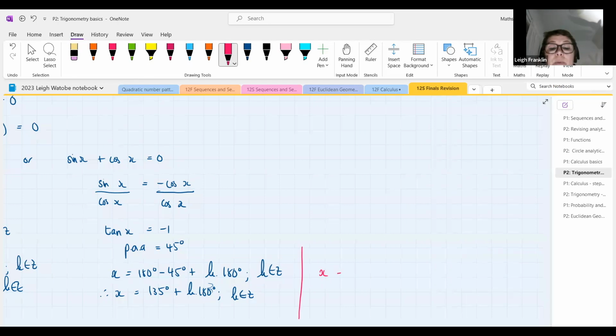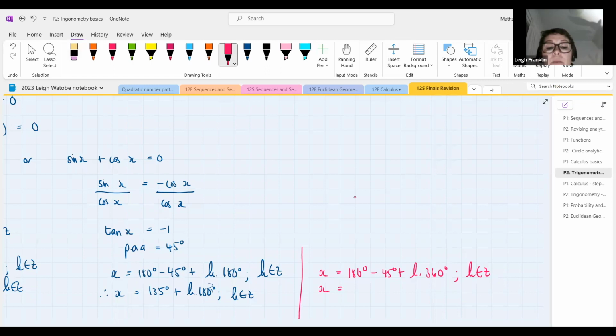So x would be equal to, remember we are in quadrant 2, so that would be 180 minus x plus k times 360, k is an element of the integers. So, sorry, not x, sorry guys, minus 45.